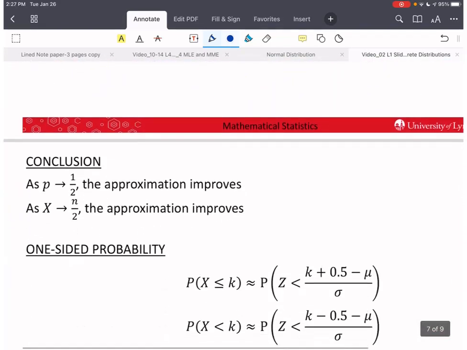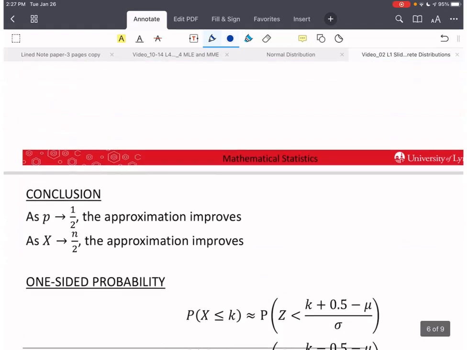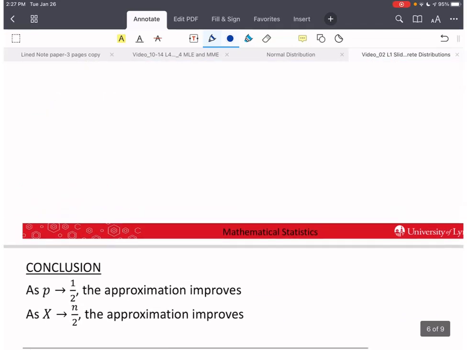All right. So the conclusion here is that as p approaches 1/2, the approximation improves. As x approaches n over 2, the approximation improves. As n increases, this is the biggest thing, it will take care of either of these other two.